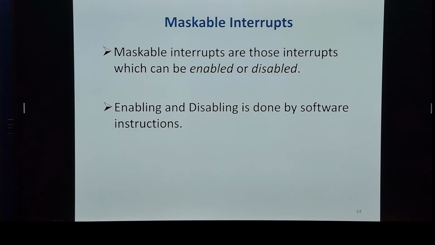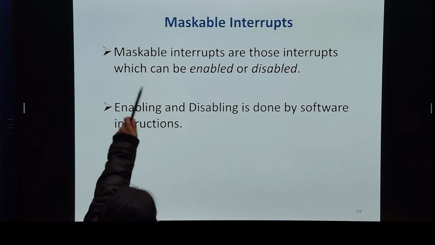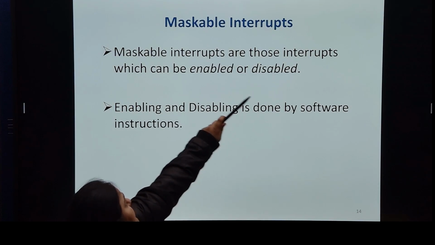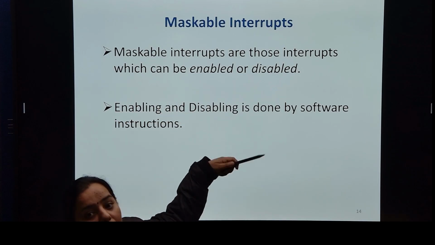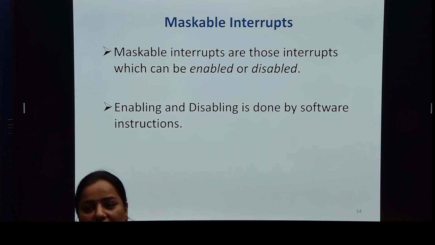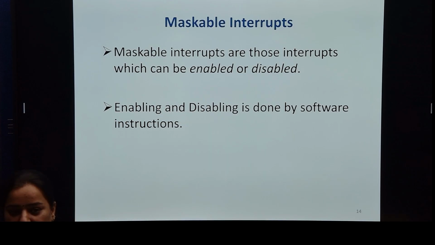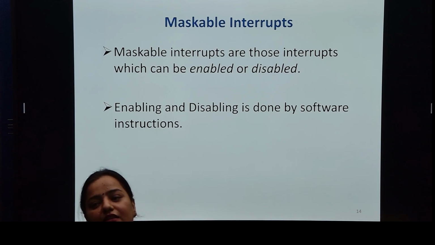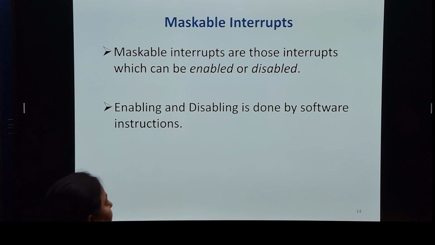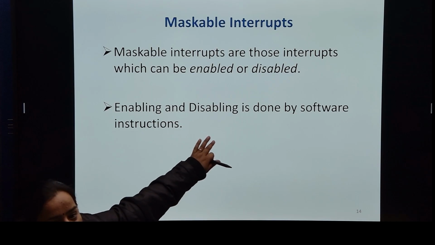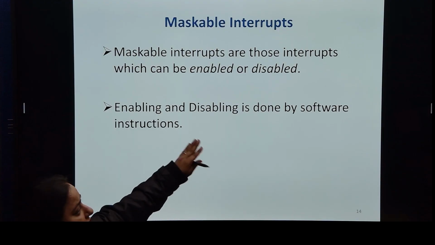Starting with, what are maskable interrupts? Maskable means disabling. Interrupts which can be disabled by the microprocessor are maskable interrupts. Maskable interrupts can be enabled or disabled depending upon the requirement of the microprocessor.